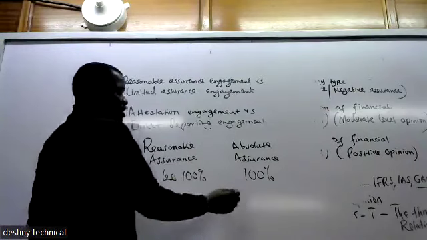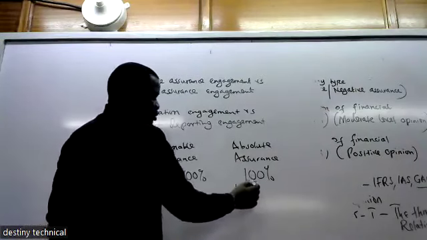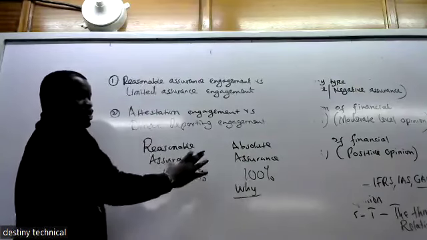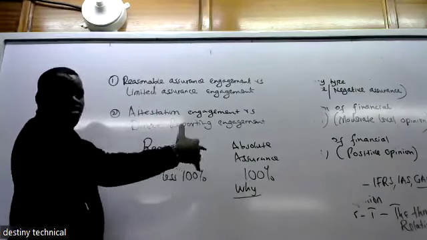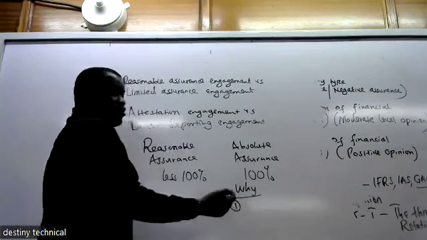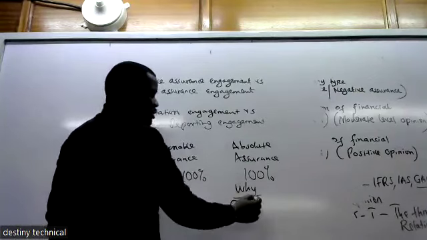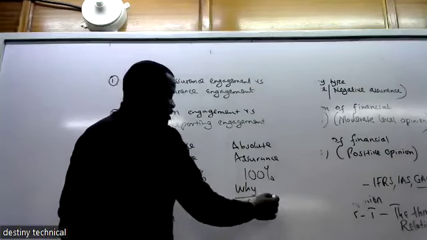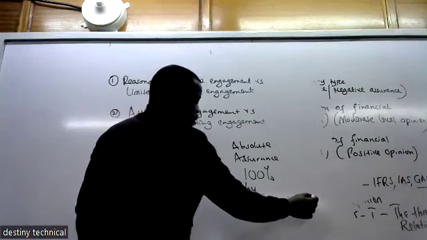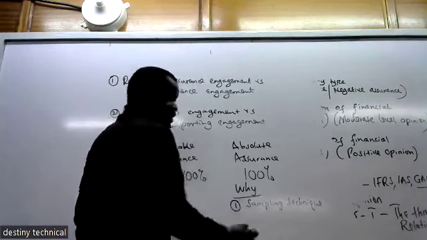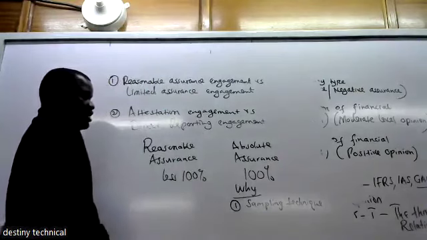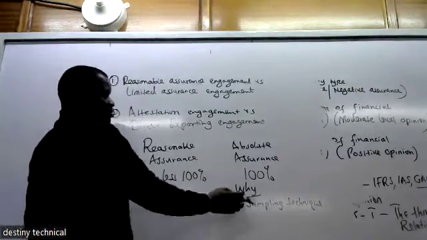We have reasons why absolute assurance is not possible nowadays. It's not possible for auditors to provide absolute assurance over the subject matter or the financial statements. One is the manner in which audit is normally done: auditors use a sampling technique, where you don't examine the entire population of items, but just a few are selected and subjected to auditing tests and procedures before drawing a conclusion.